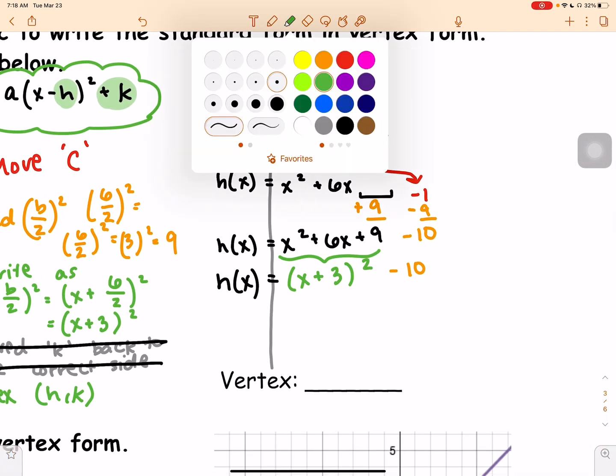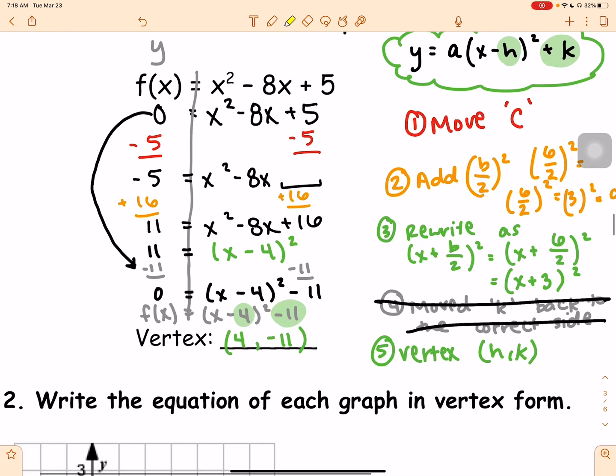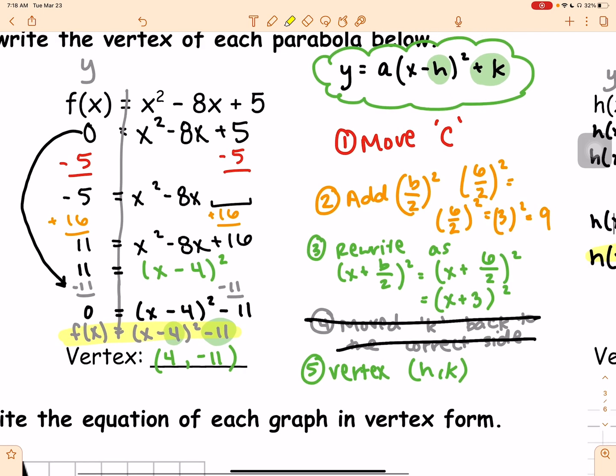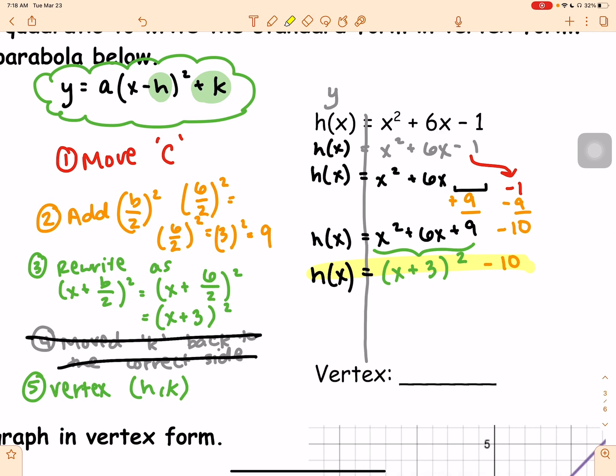This is in vertex form right here. That's vertex form. Over here, this is vertex form. And you can do it either way, guys. Either way is fine. This is the most comfortable way. This is the way you know how. This is kind of a shortcut way. Okay, and it's definitely less steps if you notice that.